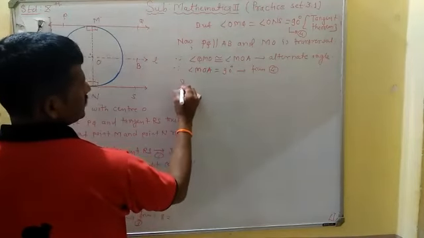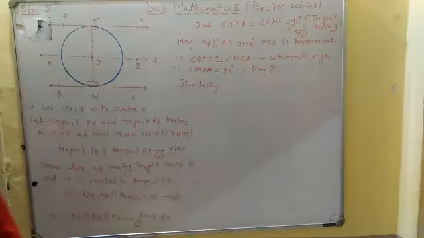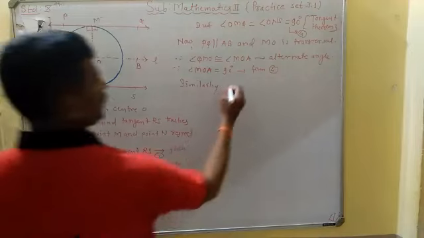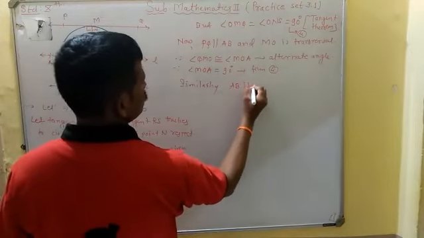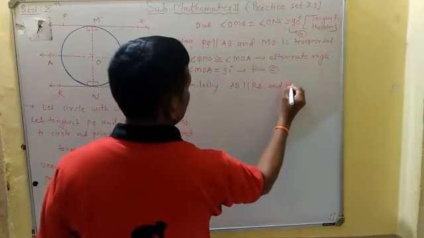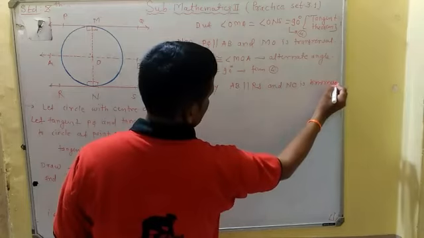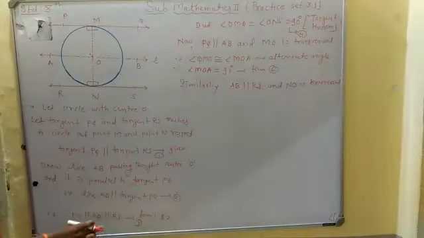Now, similarly, AB is parallel to RS and NO is a transversal. Okay, look here, AB parallel to RS.